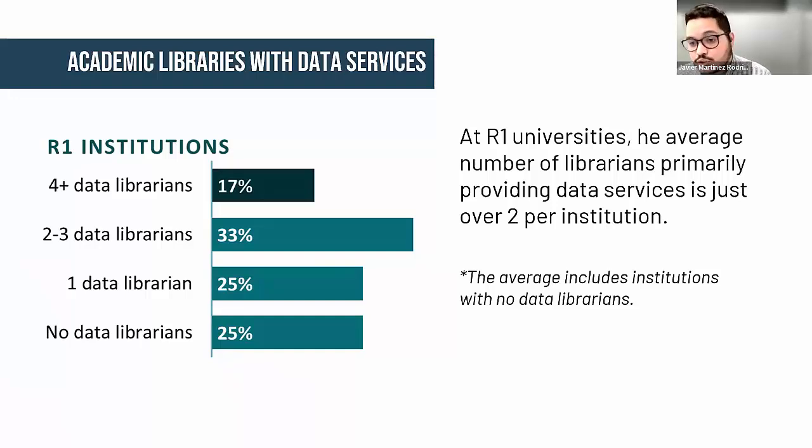This information was gathered in 2019 from 131 R1 universities. Our expectation is that this number has grown pretty significantly, so more research needs to be done to assess the current status of data services.